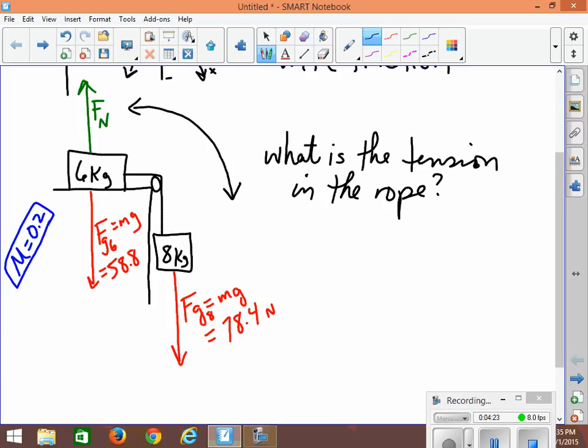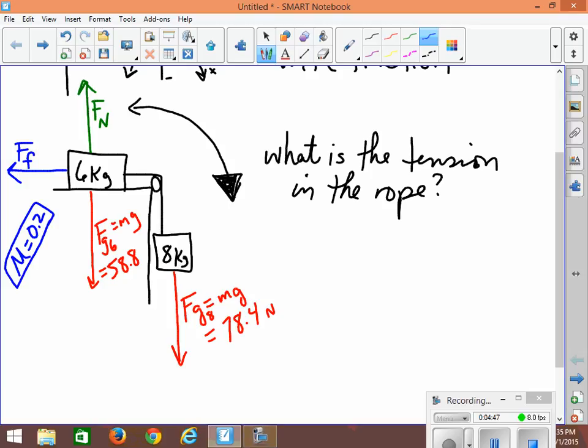Since we know that this is going to go in a clockwise fashion, the friction is going to act against that motion. So I can put the frictional force in with confidence on this side, knowing that it's going to act against the motion of the system. So there's my free body diagram.